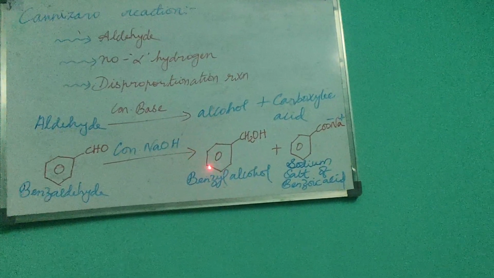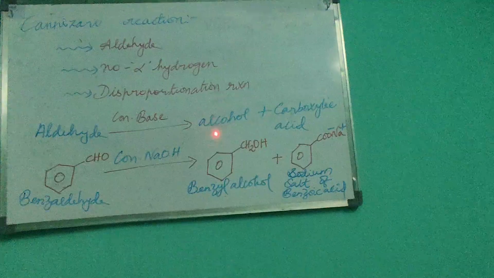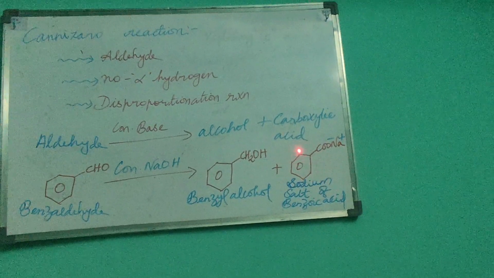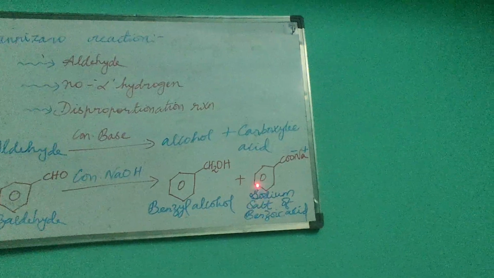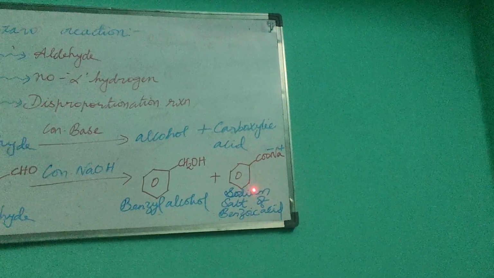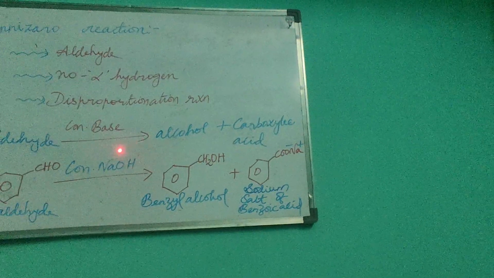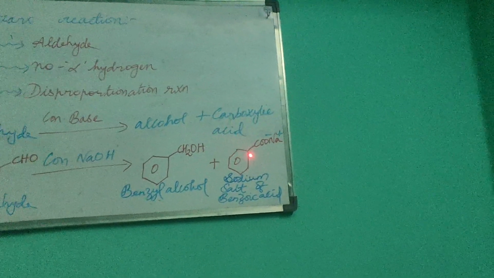You may be surprised that, according to the concept I said earlier, only benzoic acid should be the product. But the benzoic acid formed in the reaction will react with sodium hydroxide to form the sodium salt of benzoic acid.